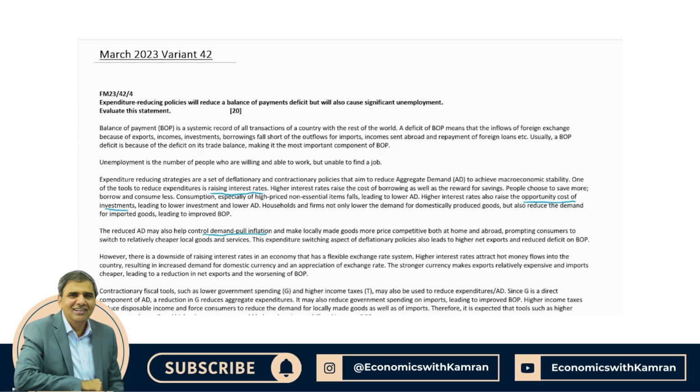Now that is expenditure switching. The question is about expenditure reducing, but what we are saying here is that when expenditures fall because of, probably, an increase in interest rate, people save more, spend less both on locally made goods as well as on imports. But high interest rates also help control demand pull inflation, prices decrease, and that means people may buy more of local goods, and that is expenditure switching.